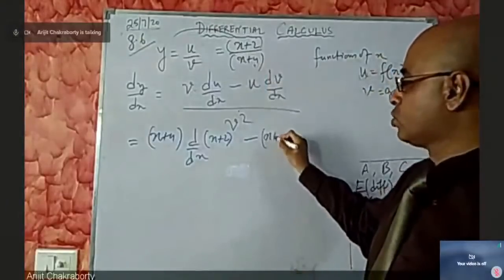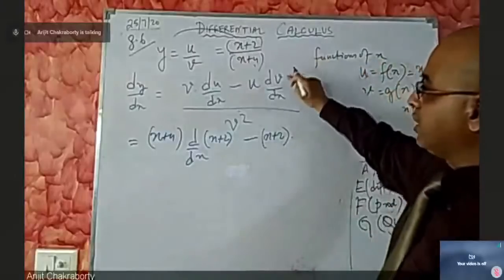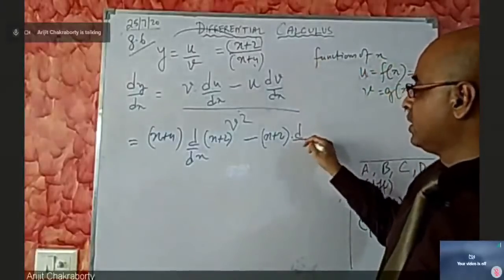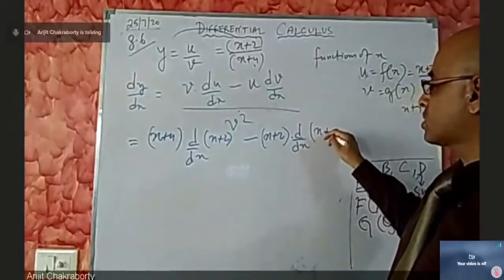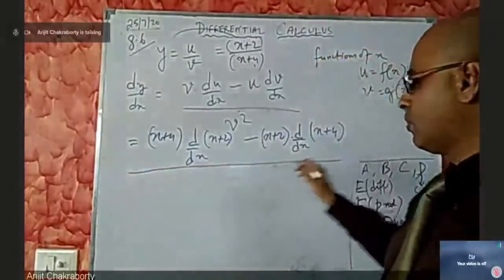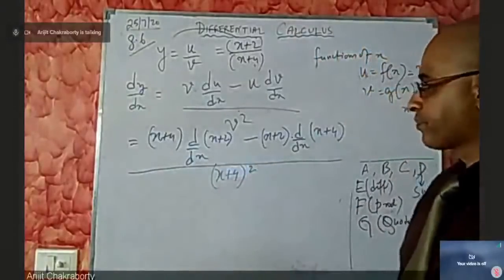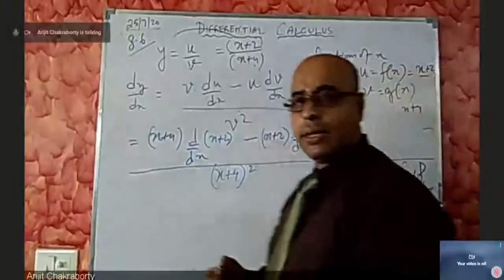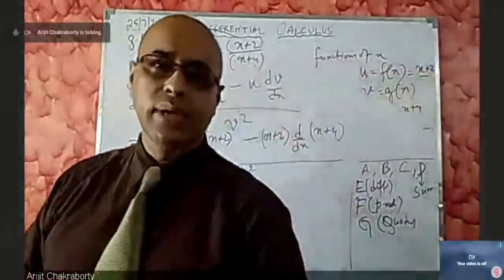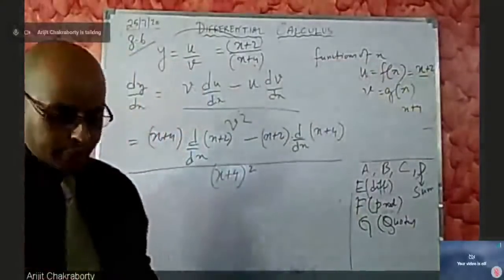So I keep x plus 2 outside and I find out the derivative of v. So I find d/dx of x plus 4 and I divide the whole thing by x plus 4 whole square because we have v square. In the denominator, dear students, we have v square. So we divide throughout by v square.